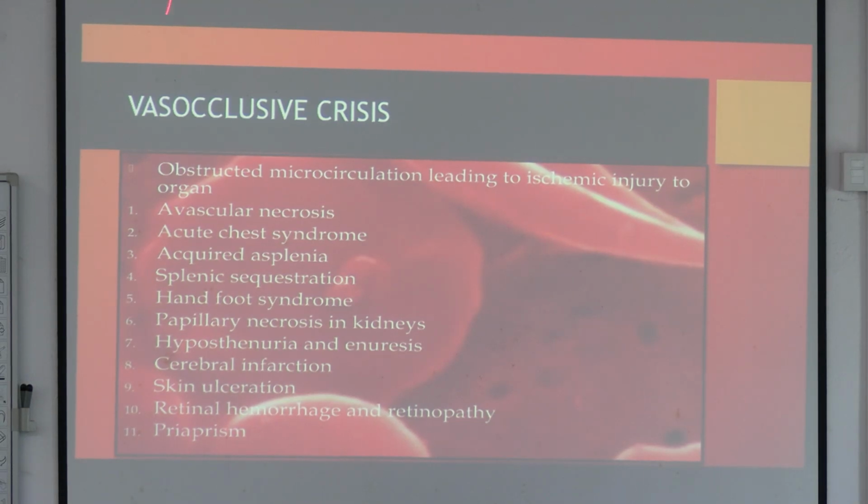So this long list is all because of hypoxia and vaso-occlusion. So this is a chart of vaso-occlusive crisis. But the main thing is microvascular occlusion by sickled RBCs and hypoxia of the distal organ. Okay?